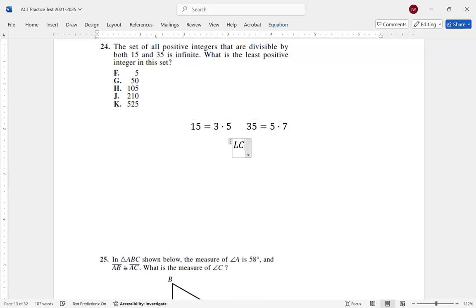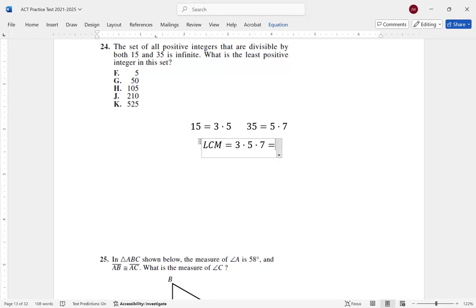If I'm looking for the least common multiple, then I just pick out all of the prime factors and how often they occurred. So I get 3 once, and 5 occurred in each breakdown. I only need to put it in once because it occurred once in each breakdown. And then put in 7.